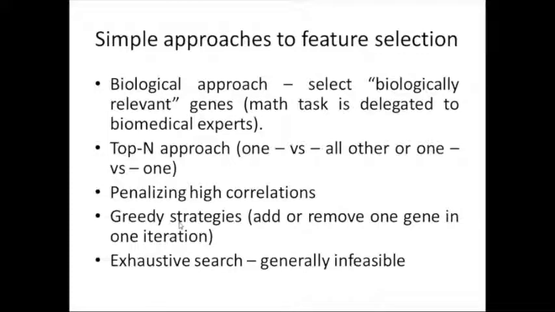For example, the top n approach has been very successfully utilized in constructing the PAM50 gene signature, efficiently used for breast cancer patients. Yet there are multiple drawbacks in this scheme.